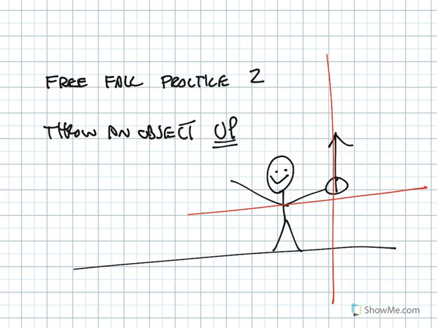And next I need to say, okay, so which way is positive? I'm going to make up positive. But if up is positive, remember, all objects in free fall accelerate downward the entire time they're in free fall. Their acceleration points down, and that's very confusing because objects don't have to be moving down to be accelerating down.